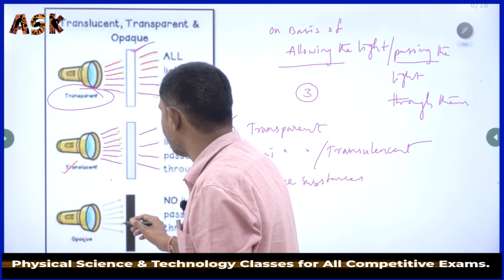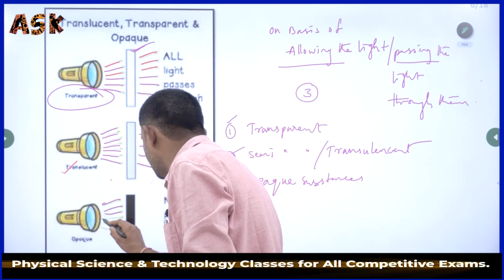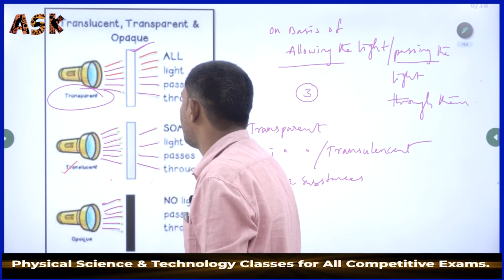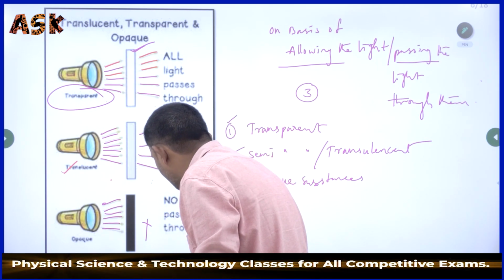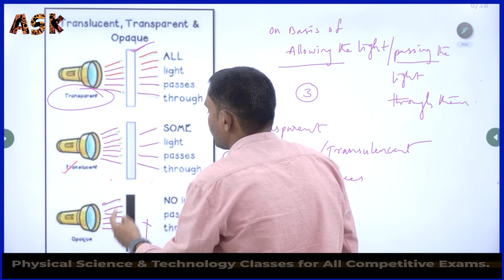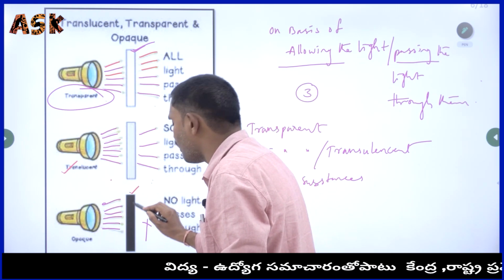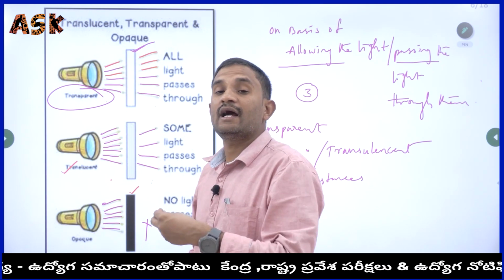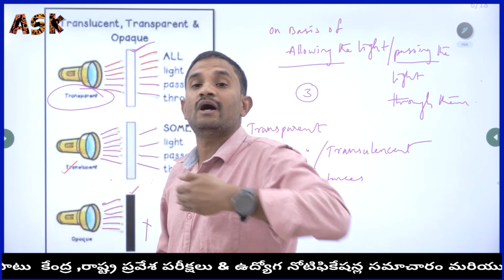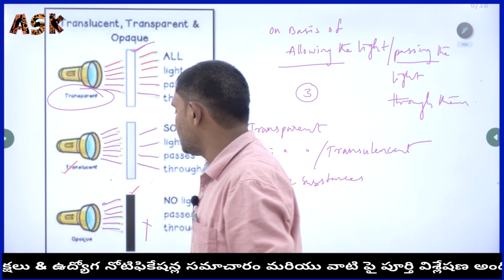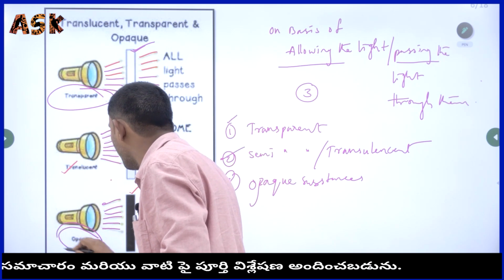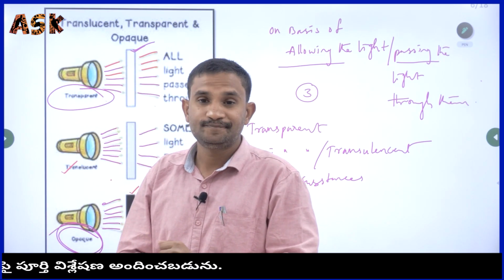Again, here it is sending so many light rays, but not a single light ray has any chance to come from one side to another side. The substances which do not allow light rays from one side to another side, we have to consider as opaque substances.